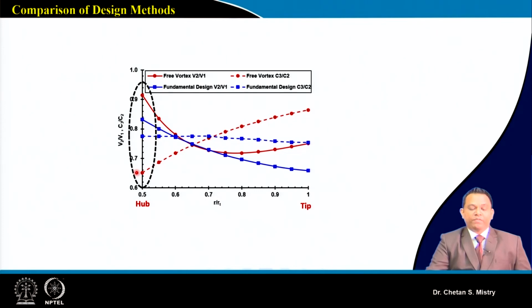Same way we will be having the variation of the absolute velocity component, which represents my flow acceleration. Here, if you look at my C3 by C2, it is coming nearly constant, but for the free vortex concept we are having more acceleration of flow near the tip region.